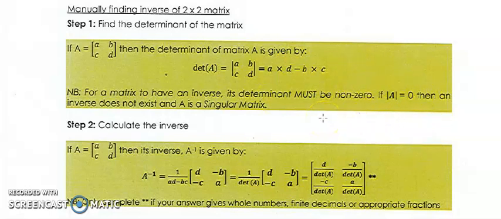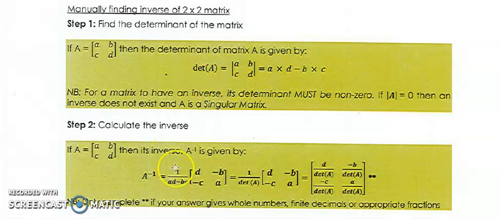Okay. So now that you've seen how to work out the determinant, to calculate the inverse, all you need to do is obtain 1 over A times D minus B times C. A times D minus B times C is the determinant.